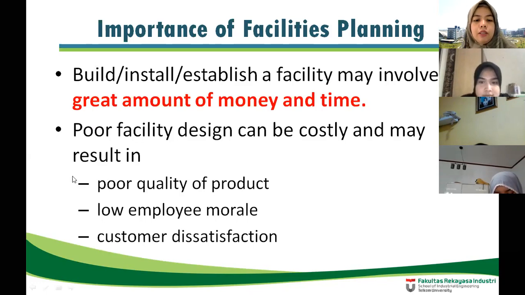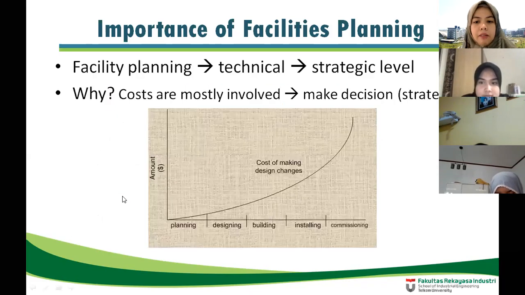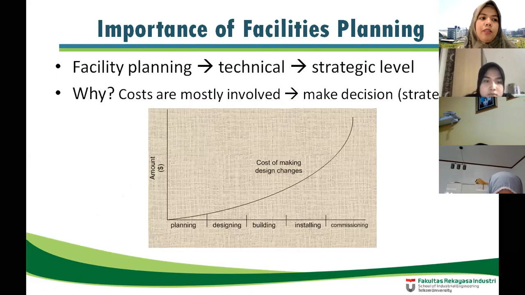Okay, so this is the impact of poor facility design, and why facility planning is the chief consideration. Because finding the right investment is just like a long-term goal. So this is the concern of the boss, the owner of the company, the C-level of the company, because every single movement should be thought through deeply, logically and analytically.